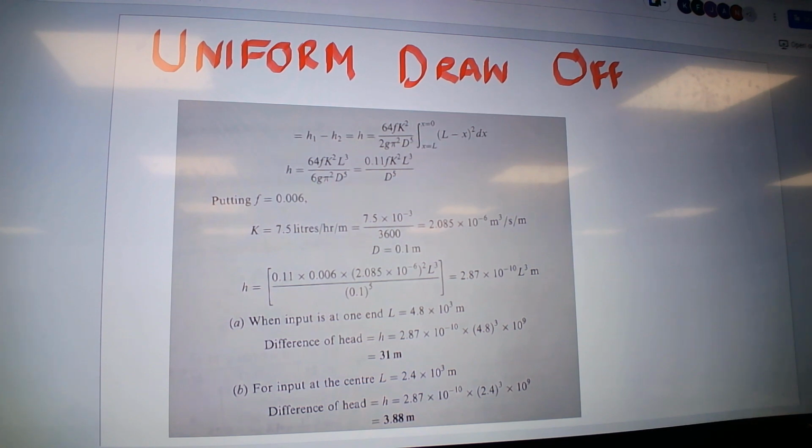Now that we have this equation, we just put the values in. So h equals, now this is in terms of diameter, but it does not matter which way you use, F K square L cube over 6 G pi square d to the 5.